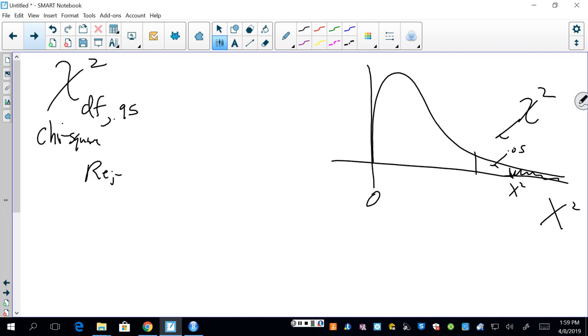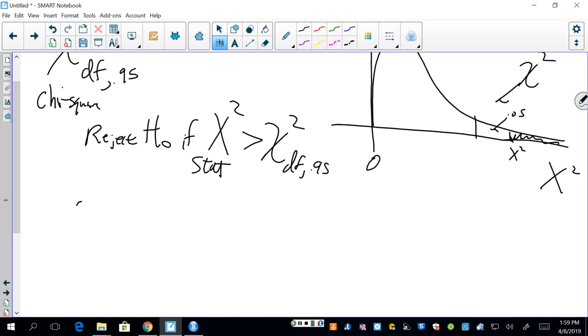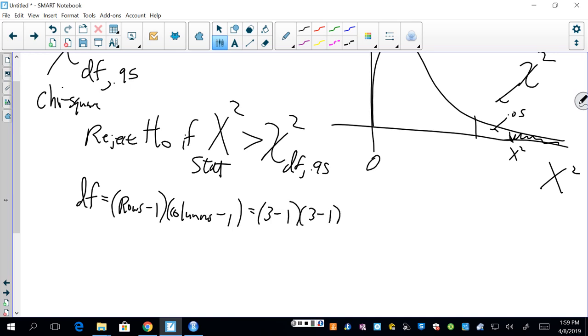So we're going to reject the null hypothesis if our x squared statistic is big. It's greater than the chi-square with the right degrees of freedom, 0.95. And the degrees of freedom changes depending on the size of the table: rows minus 1, times columns minus 1. So in this case, 3 minus 1 times 3 minus 1 is 2 times 2, which is 4.